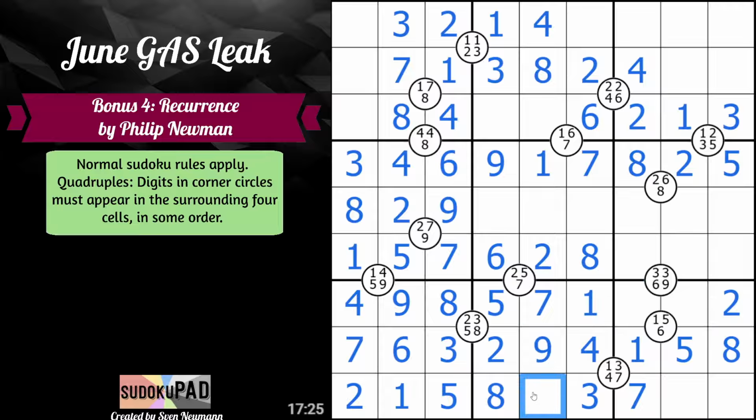This is 9. This is, hello, 6. So we got that 6, 9 pair. 4, 9. 3, 6, 3, 9.